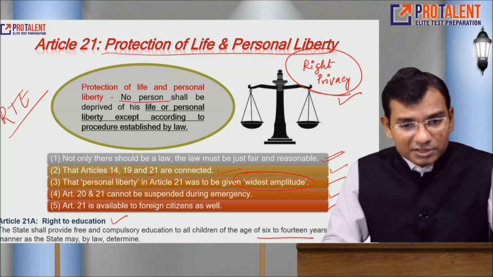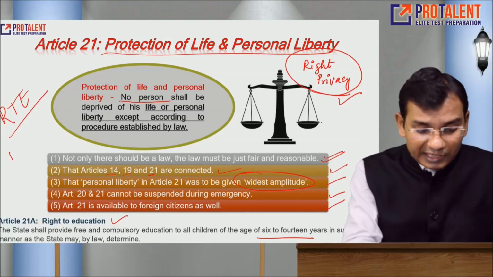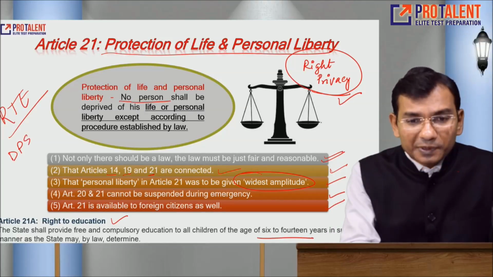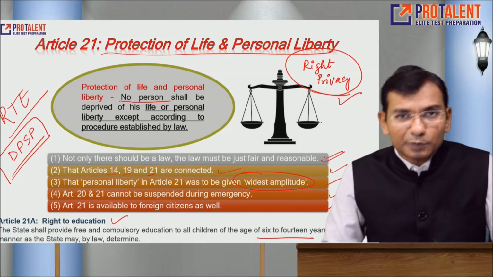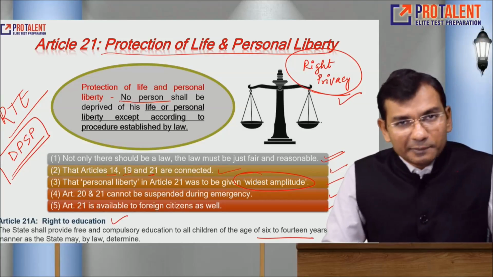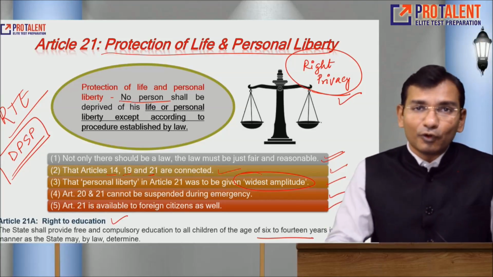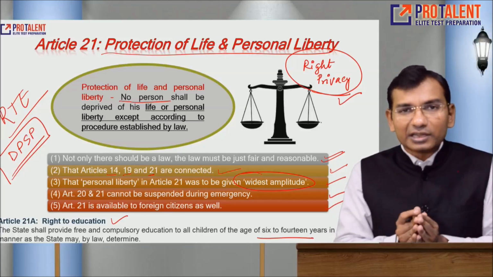Earlier this you can say free and compulsory education was a part of DPSP, Directive Principles of State Policies. ठीक है, हम आगे जाके देखते हैं Directive Principles of State Policies क्या होती है. ठीक है, पर वो DPSP का पार्ट था, अब वो फंडामेंटल राइट्स का पार्ट बन चुका है. Okay, so that's about article number 21.